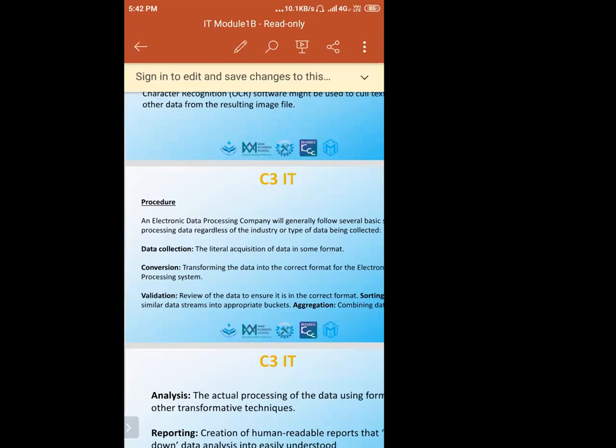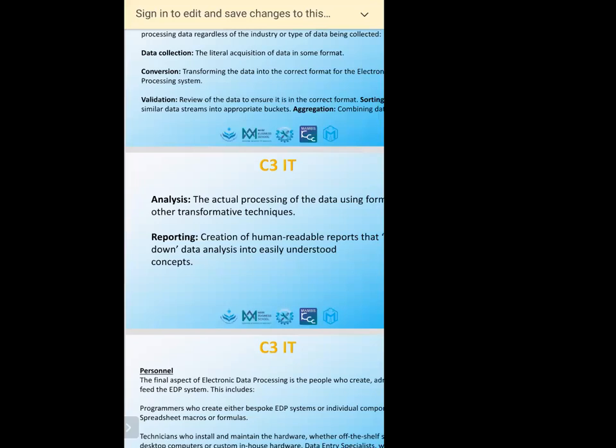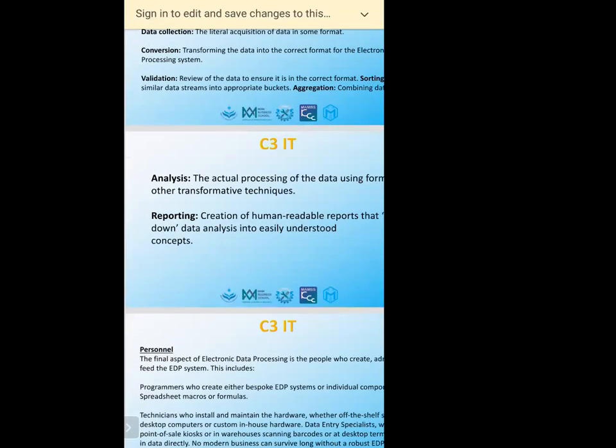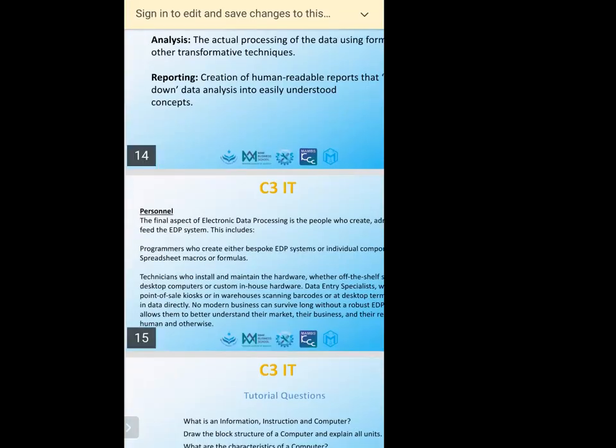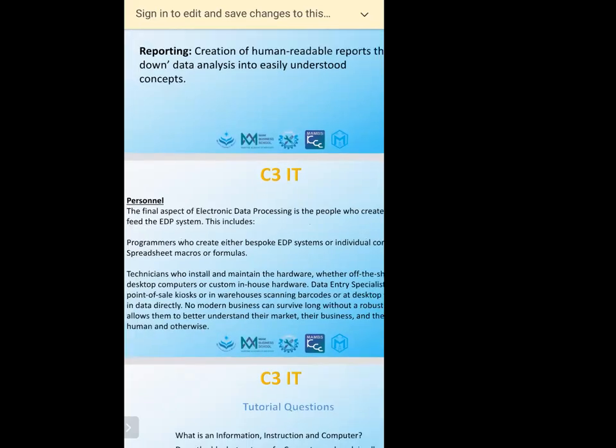Then the next one is personnel. What are the persons we are using for the EDP system? A data entry operator will be there.